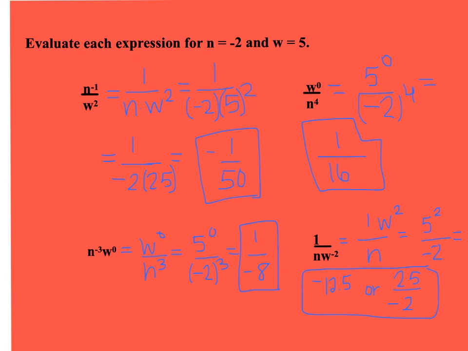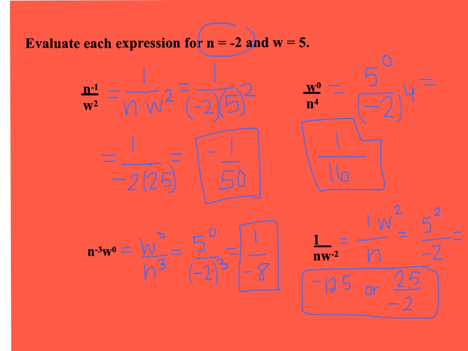All of the work is shown here, so if you need to, press pause, take a closer look at the work. A couple things that stand out for me are just making sure that, especially when there is a negative that is being squared or cubed, or a negative to any power, like when you were replacing n with -2.